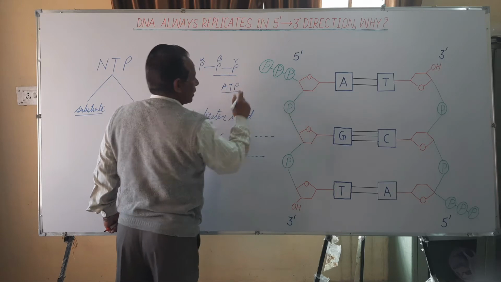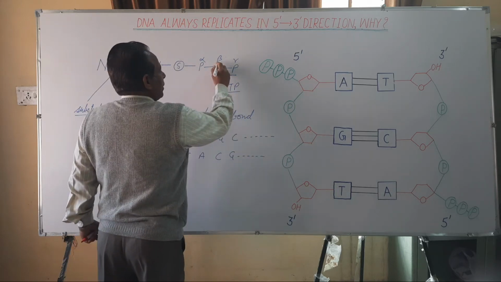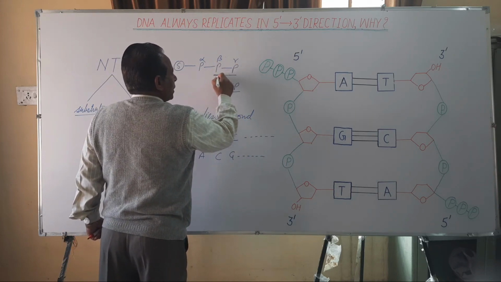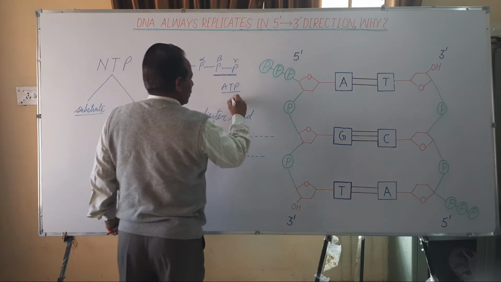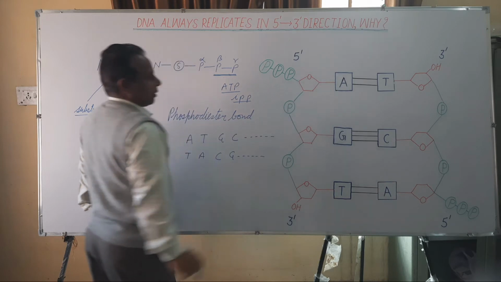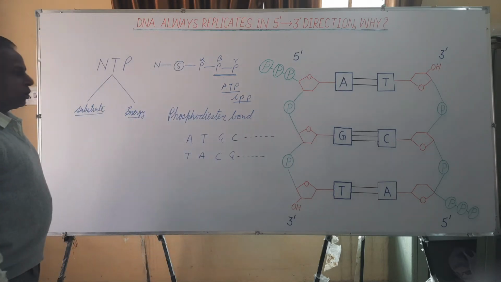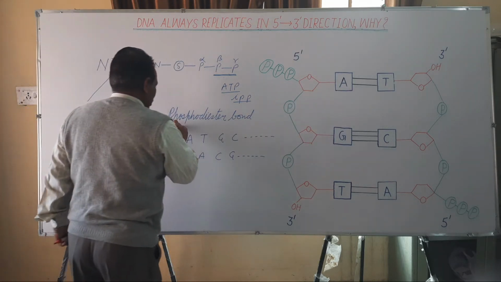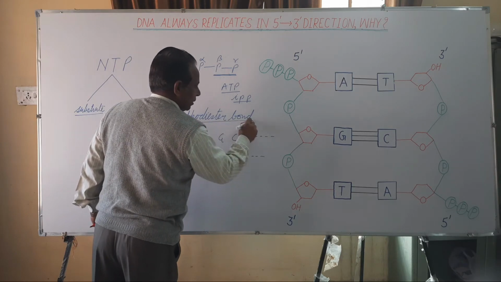During the polymerization reaction, beta and gamma phosphates are released as pyrophosphate, PPi. And this energy is used for the formation of the phosphodiester bond.